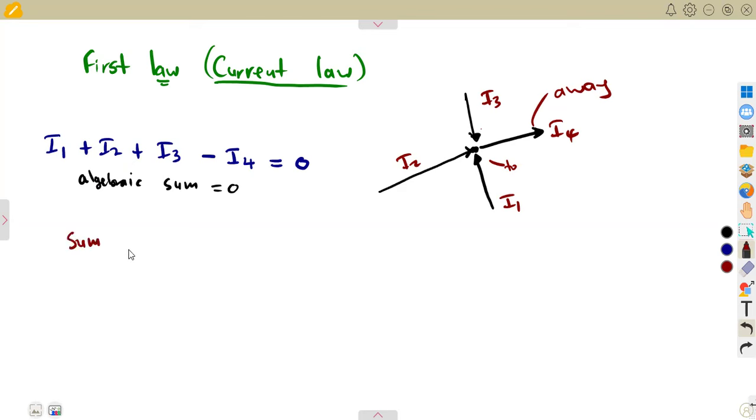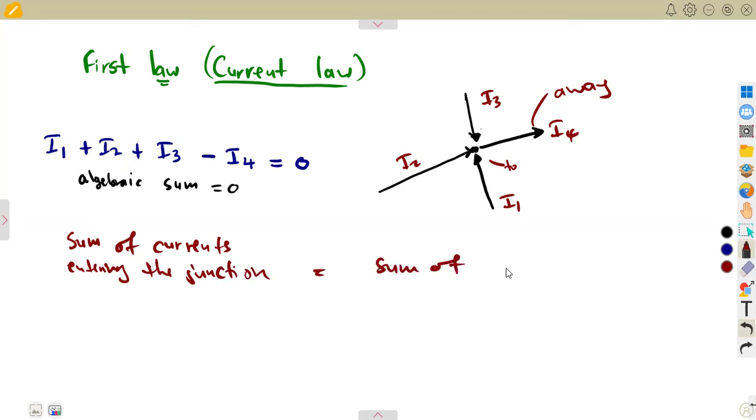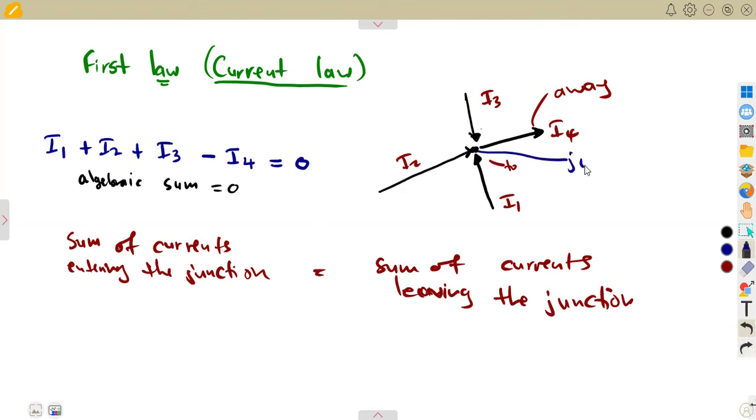So the sum of currents entering the junction is supposed to be equal to the sum of currents leaving the junction. The junction is the point at this part. That is the junction.